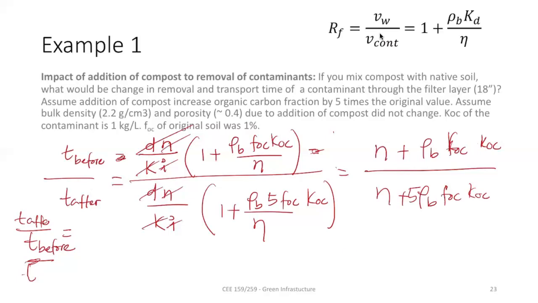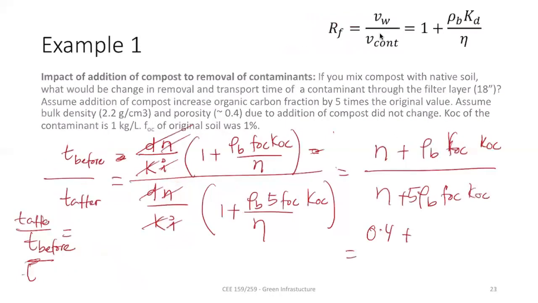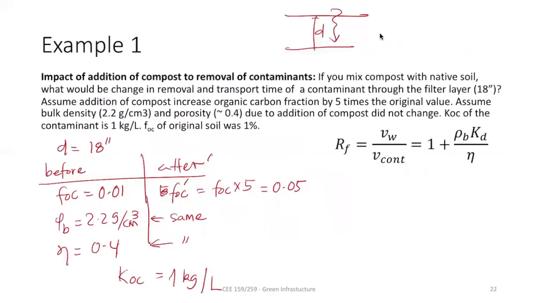So if you substitute those values, porosity was 0.4 plus bulk density was 2.2 gram per centimeter cube, FOC was 0.01 and KOC was 1 kilogram per liter. 1 kilogram per liter is the same as 1 kg, which is 1000 gram.